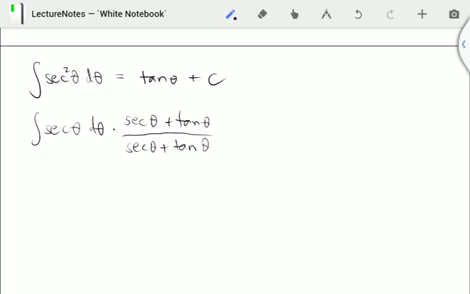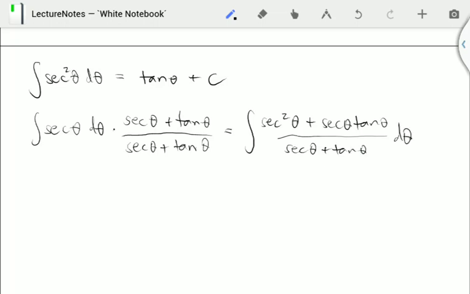Of course you're multiplying it by 1, you're not doing anything, but it allows you to write your original integral as sec squared theta plus sec theta tan theta all over sec theta plus tan theta d theta.